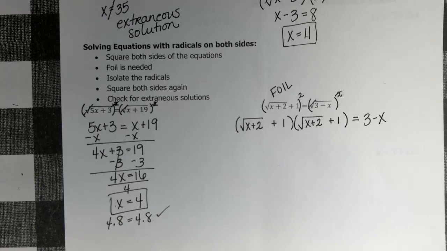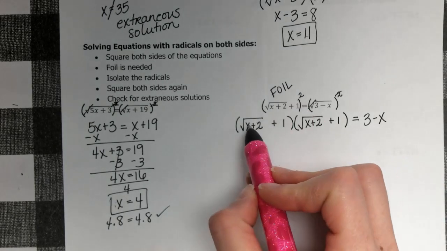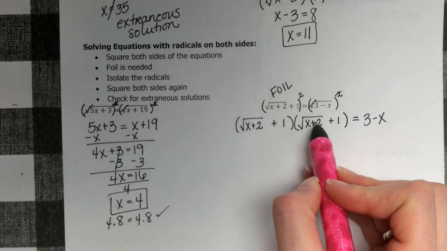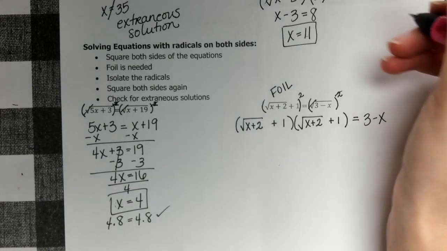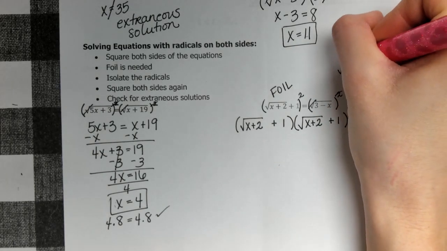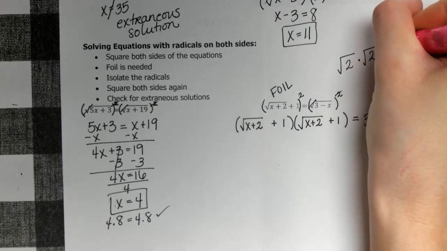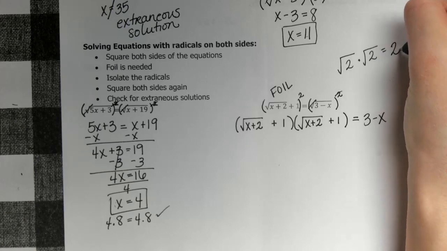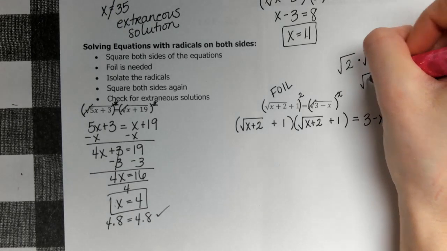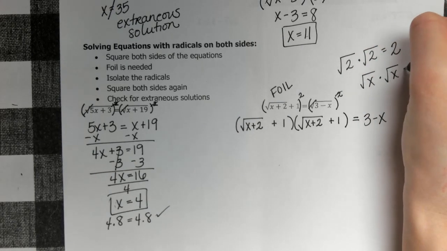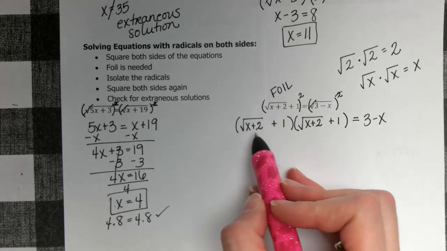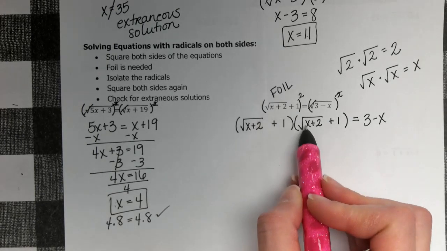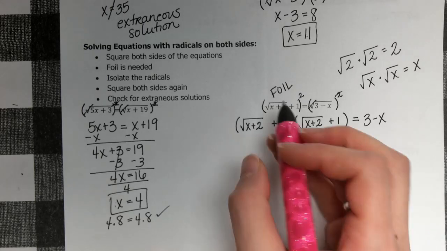Okay? So this is where I'm going to FOIL. If I take the square root of something times itself, what happens with that square root? If I took the square root of 2 times the square root of 2, what does that leave me with? Just 2. So if I took the square root of x times the square root of x, that leaves me with x. So if I take the square root of x plus 2 times the square root of x plus 2, what's that going to leave me with?